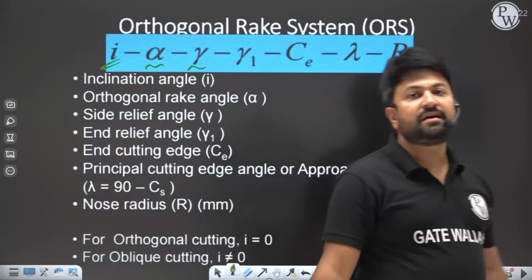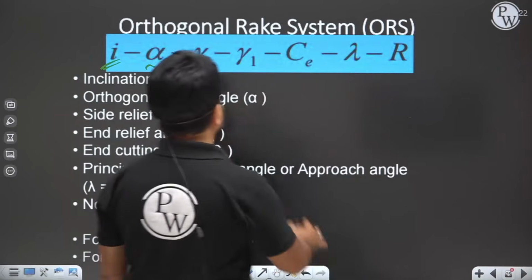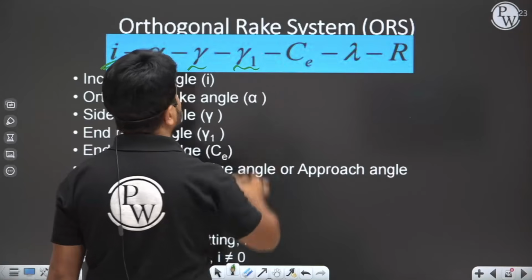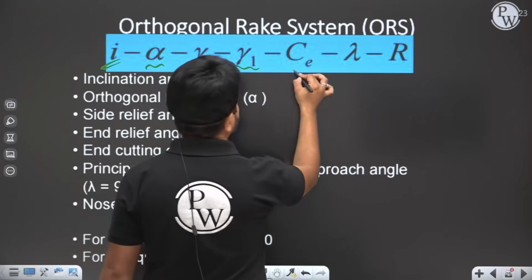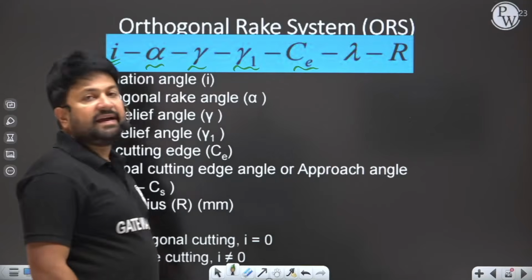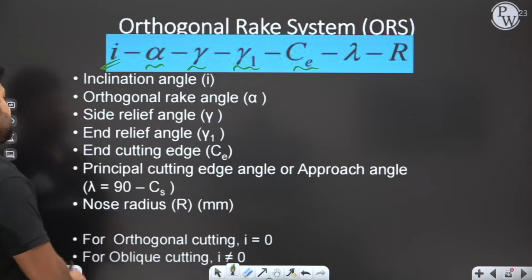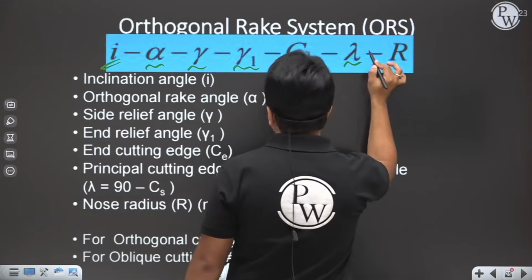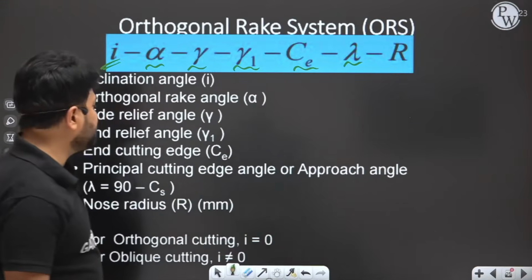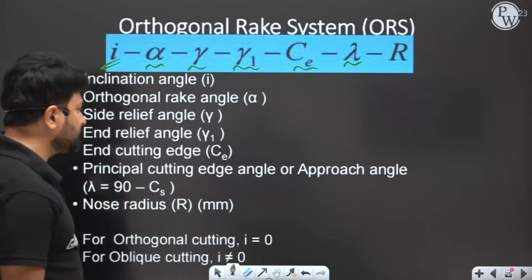At the fourth place, it is the end relief angle. At the fifth place, it is the end cutting edge angle. And at the sixth place, it is the approach angle or principal cutting edge angle.